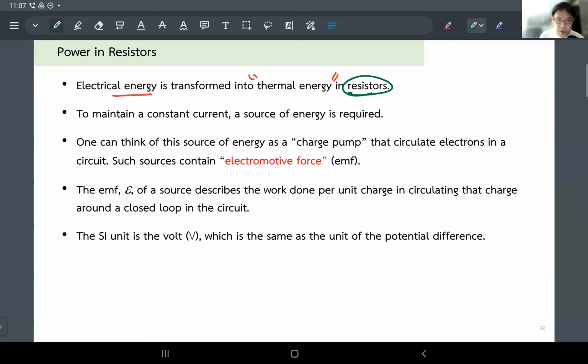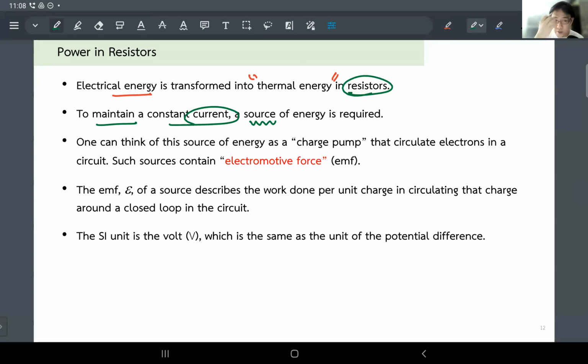Okay, so that means if you would like to maintain the current to flow through your devices inside your circuits, you must maintain a constant current by having an energy source, right? Because the resistance in the circuits will take away the energy. For you to be able to supply the current flow constantly, you have to keep supplying energy to it.